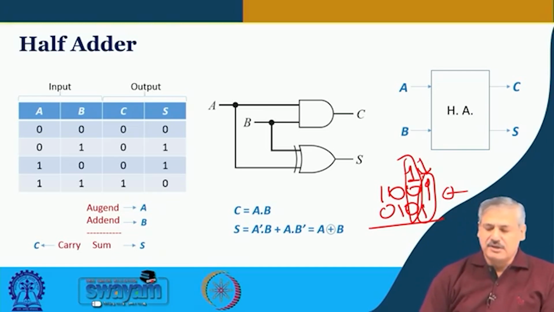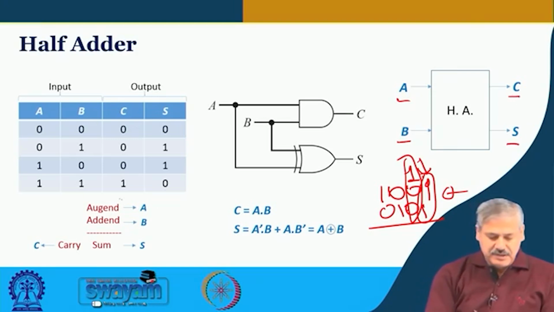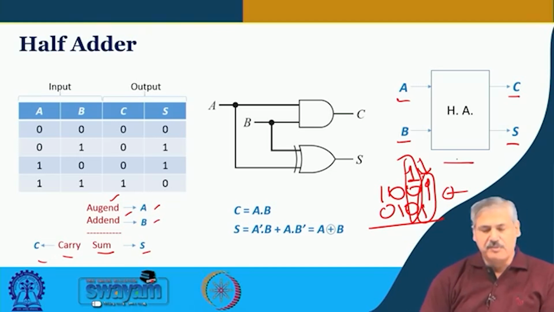So, half adder has 2 inputs A and B, and it generates two outputs, one is sum, another is the carry. This is augend, this is addend, sum and carry. And we designate them by A, B, S and C, the way we have seen in this block.